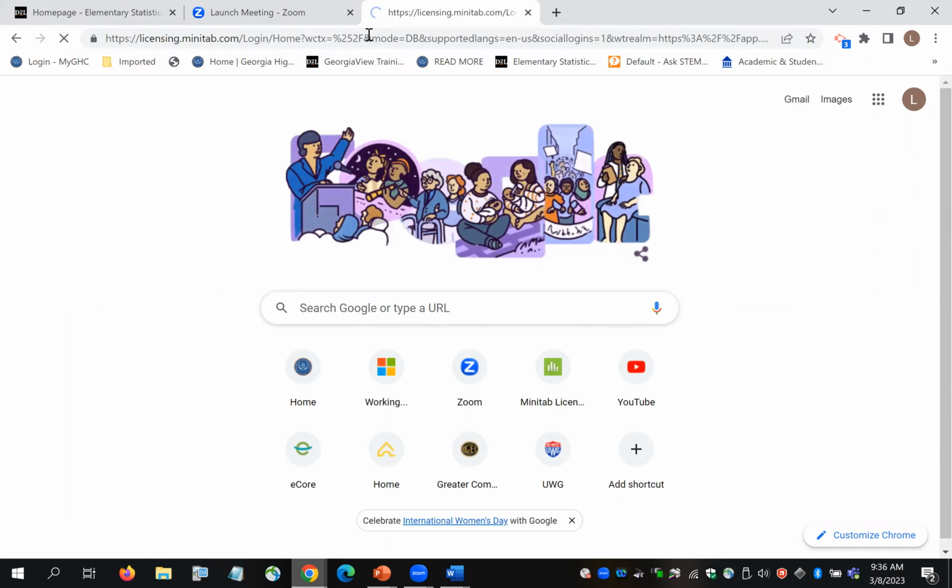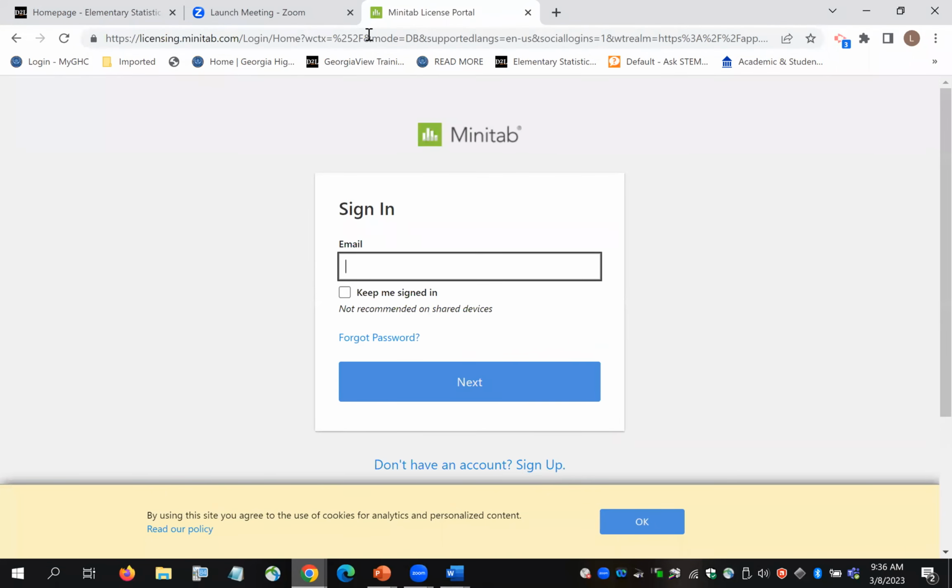I hit enter, and it brings me to this sign-in page. You must use your Georgia Highlands email address. Even I have to do that. So I enter lralston@highlands.edu. I'm on my personal device, so I keep myself signed in so that I don't have to log in to Minitab every single time. I click next.